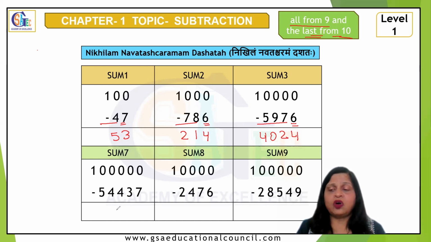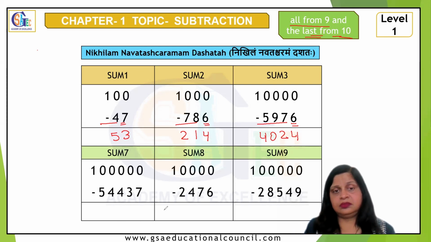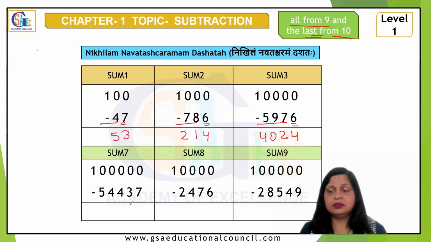Now it's your turn to solve the questions. Pause the video and try solving them on your own. Okay, let's start. I will solve all these questions and you can check your answers. Now the question is 1 lakh minus 54,437.